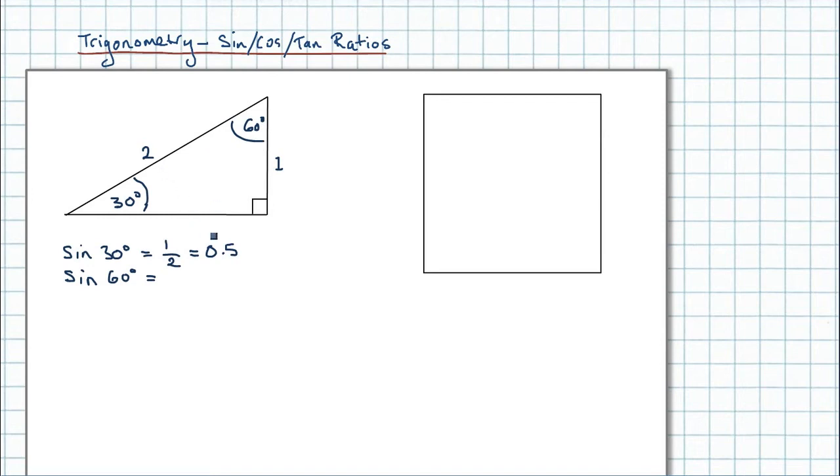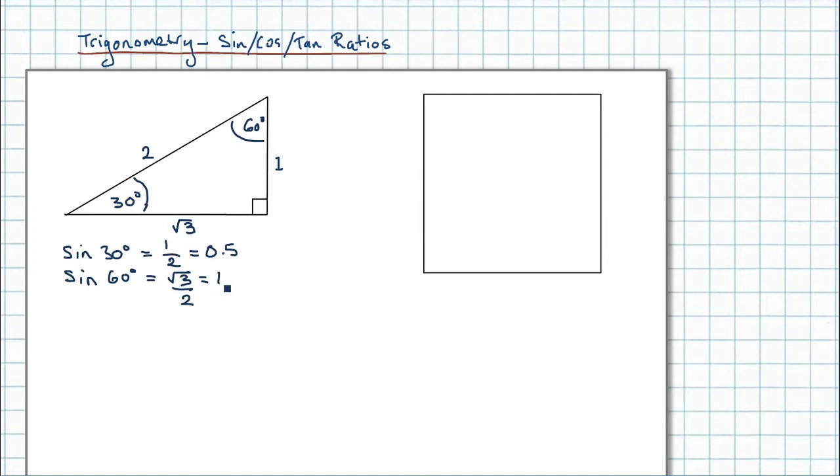And we've seen that the ratio of the three sides is always 1 to 2 to root 3. So by Pythagoras, we have the third side here, the middle-sized side, as root 3. Therefore, the sine of 60 must be the opposite, root 3, divided by the hypotenuse, which is 2.